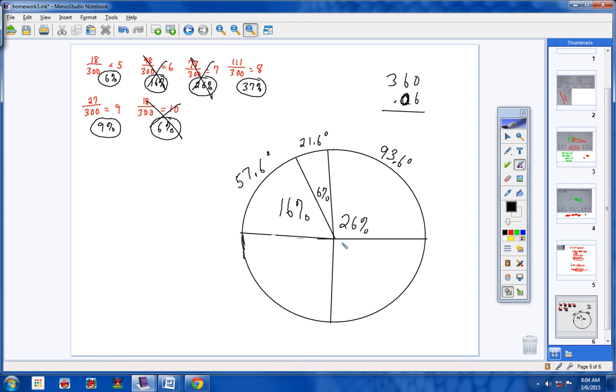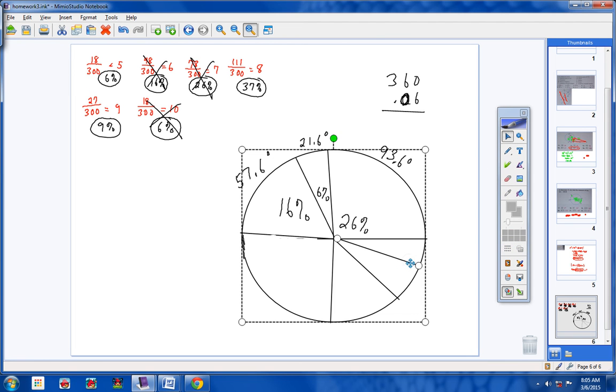Cut it in half again, we get 13%. And then if you cut 13% in half again, you get 6.5%, which is definitely close enough to 6% for me.